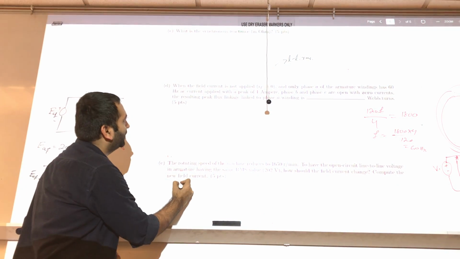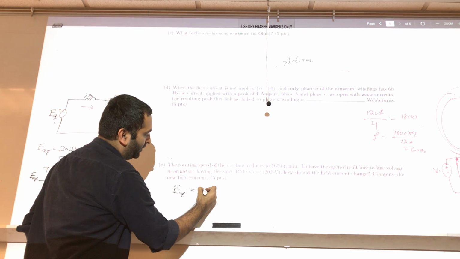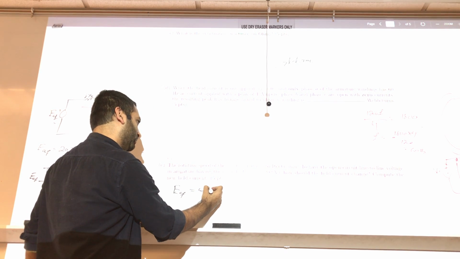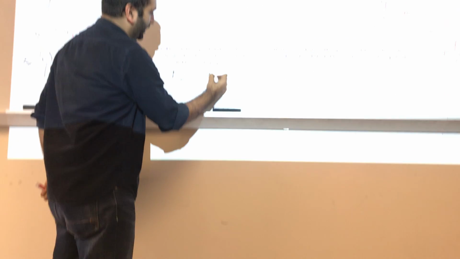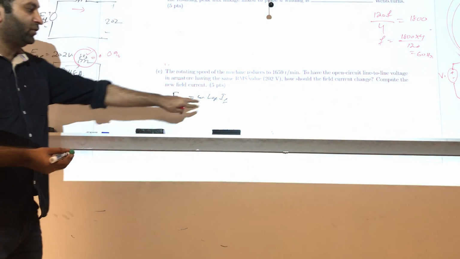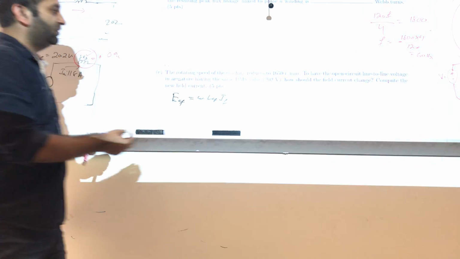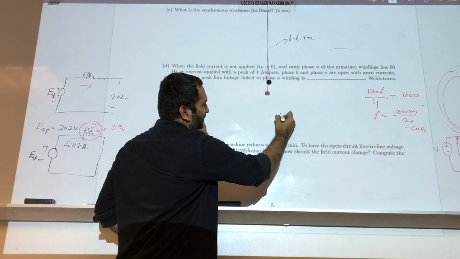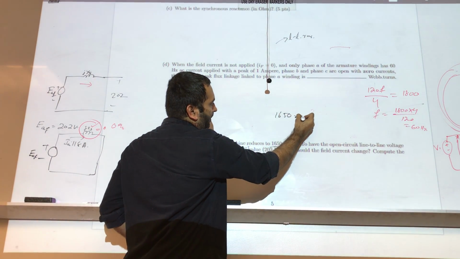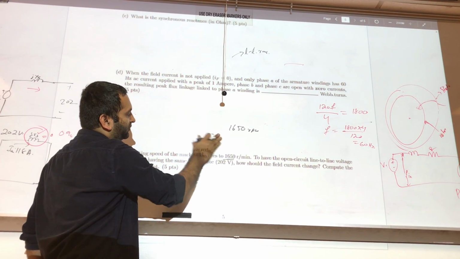So you know that I just wrote before, E_AF equals omega L_AF I_F, right? So L_AF we found before, which is 0.2. And it says the speed reduces to 1650 RPM. So when the speed reduces, what is omega, or what is frequency, f?